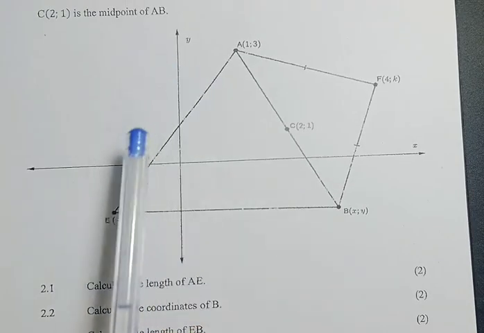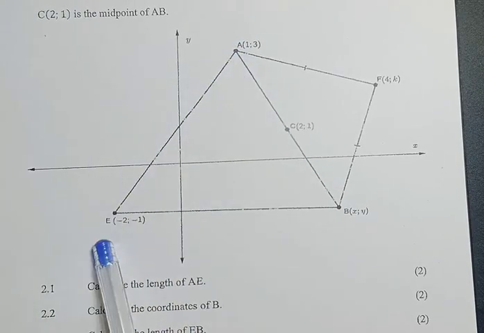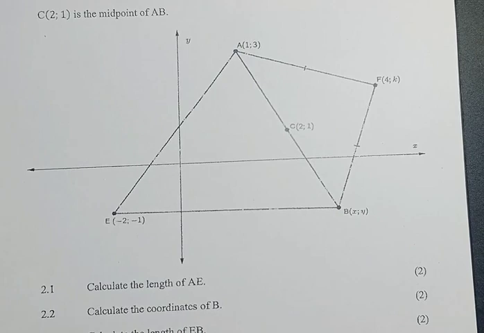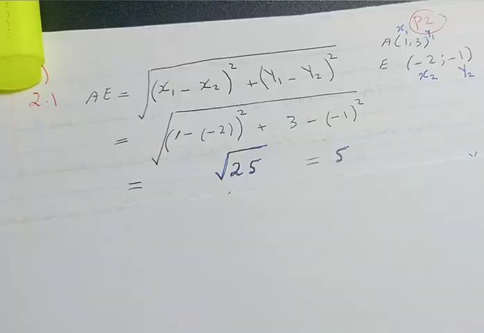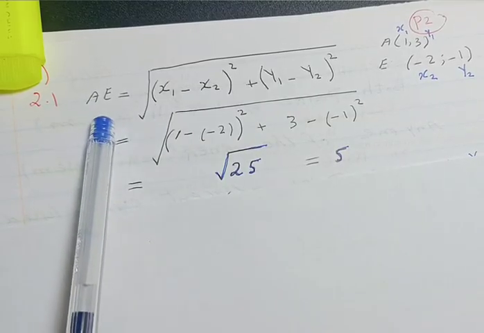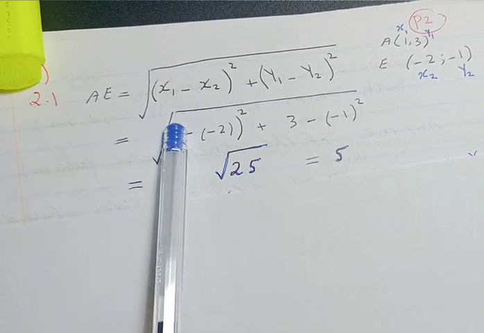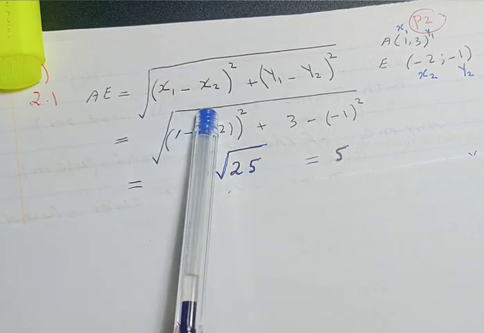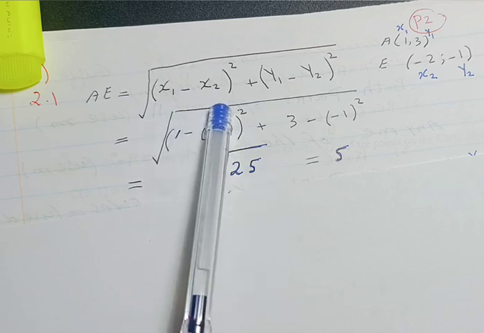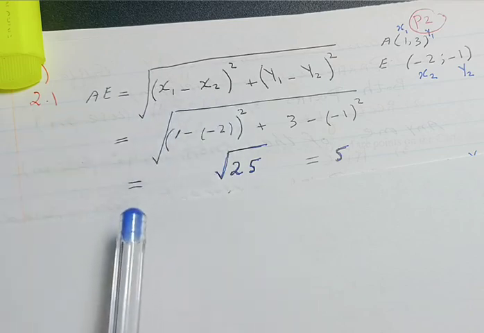So the length of AE, we need to find the length. Obviously, we can apply the distance formula. You can say x1 minus x2, or you can say x2 minus x1, squared, same thing.